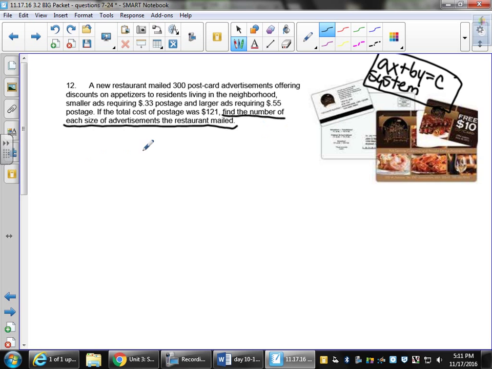Find the number of each size. So that means we have 2 different sizes. What are they? Reading again, I see that I have smaller ads, so we'll let x be the number of smaller ads. And then larger ads, so y will be the number of larger ads.